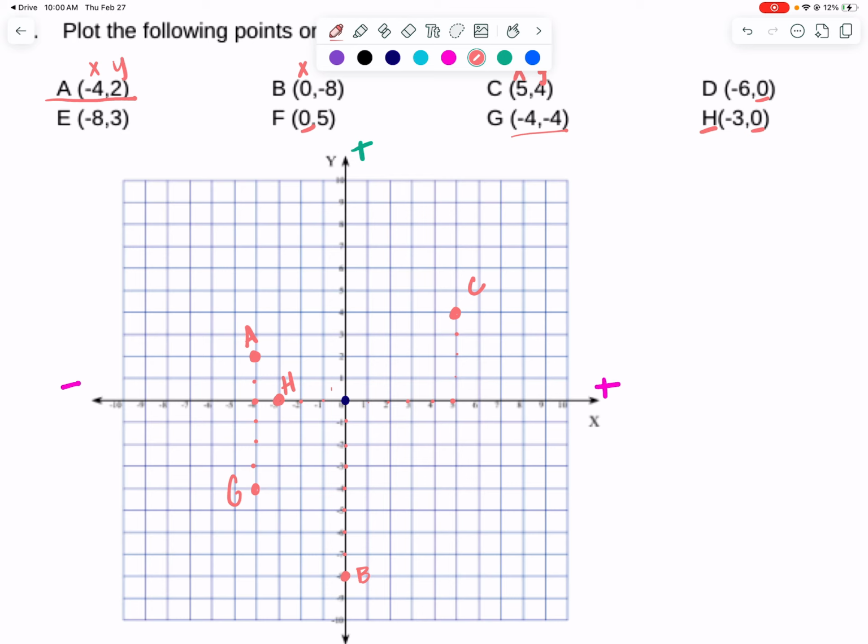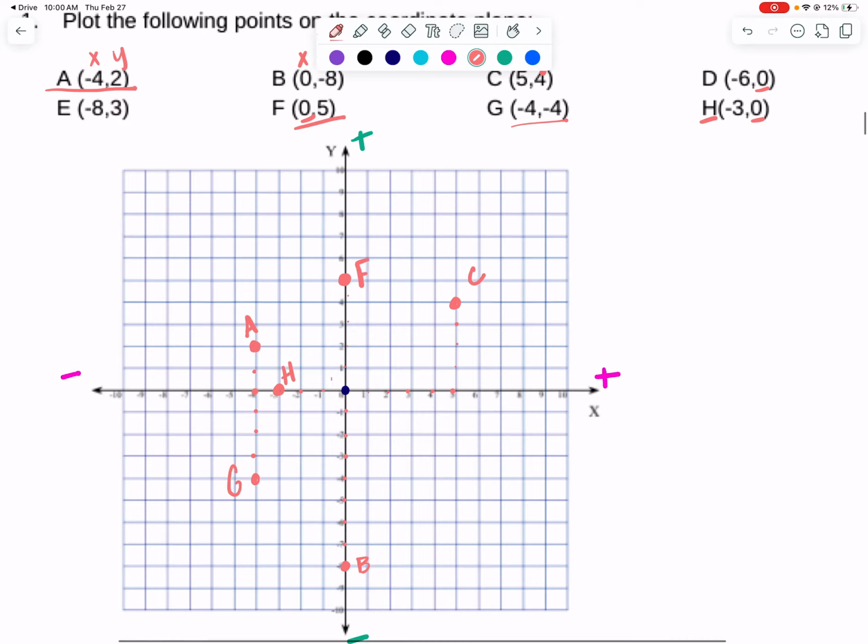If I look at F, F is 0, 5. That means when I start at the origin, I go 0 jumps to the left or the right, but I go up 1, 2, 3, 4, 5 jumps. So that's the idea there.